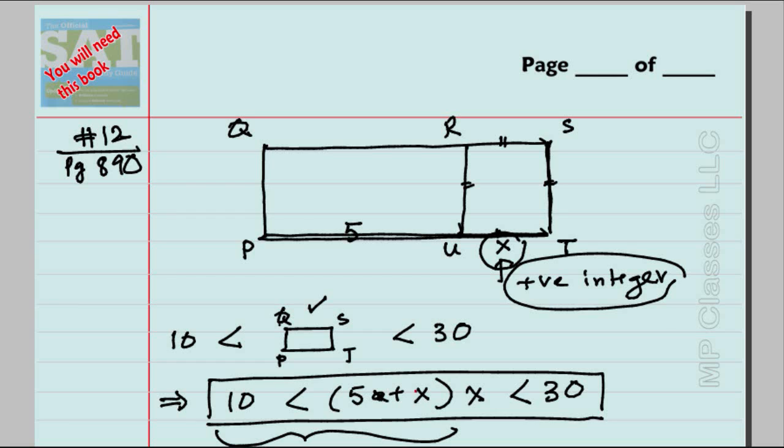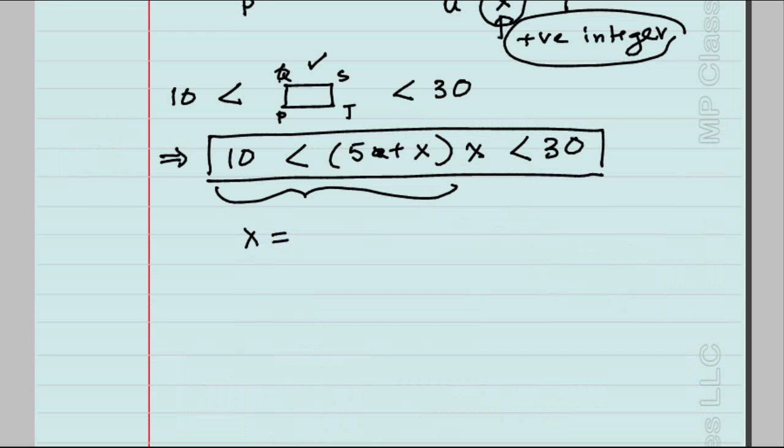So 5 plus 1 is 6 times 1 is 6. It's not greater than 10, so X equal to 1 didn't work. So X equal to 2. I put 5 plus 2, 7 times 2, 14, and it works. So it's greater than 10 and less than 30. X equal to 3. 3 plus 5, 8 times 3, 24. Greater than 10, less than 30, works.